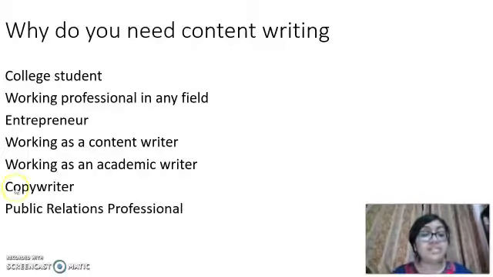There is a difference between a content writer and a copywriter. A copywriter is said to be more into storytelling than a content writer. A content writer is a generic term. Even a website writer can be a content writer. A person who writes a product description can be a content writer.